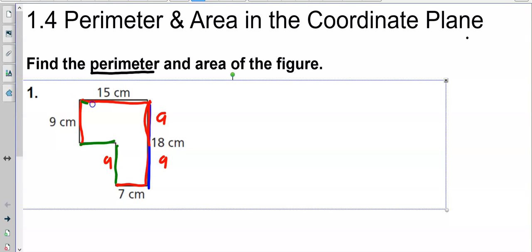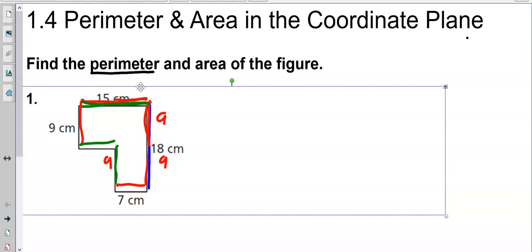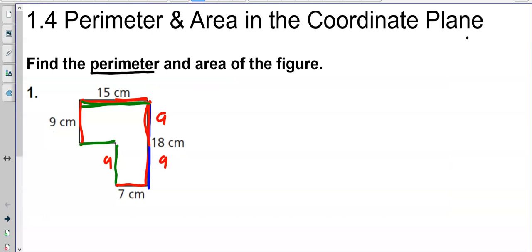If this is 15 across, and this is 7 across, and we think about this piece being right here, well, if that's 7 and the entire length is 15, that makes this 8, which makes this little piece here 8.